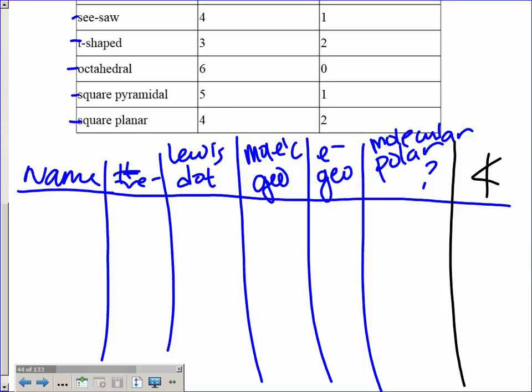This is linear. Silver is silver. Here we go.